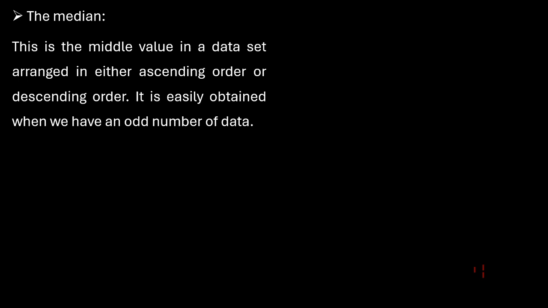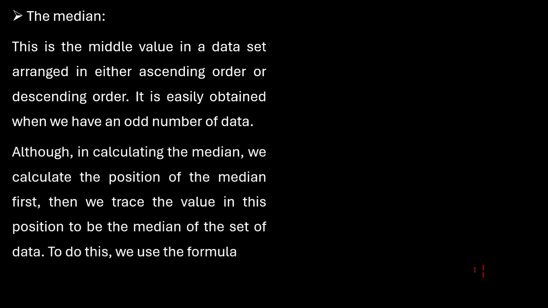In calculating the median, we calculate the position of the median first, then we trace the value in this position to be the median of the set of data. To do this, we use the formula n plus 1 divided by 2 position.